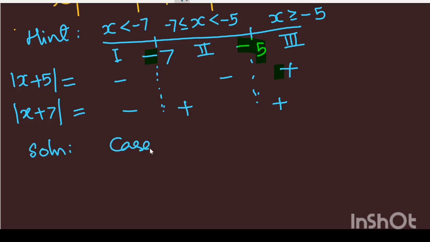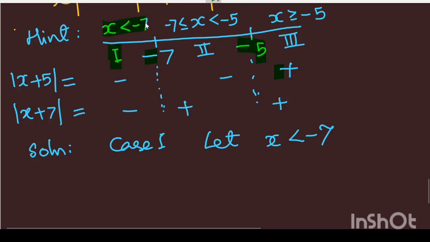We will solve case 1, in which we will assume x lesser than minus 7. So when x is lesser than minus 7, mod x plus 5 will give minus, and mod x plus 7 also will give minus sign.